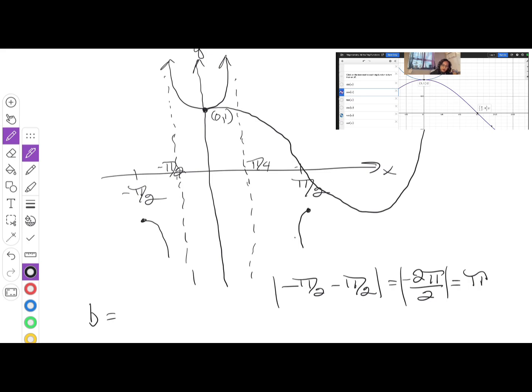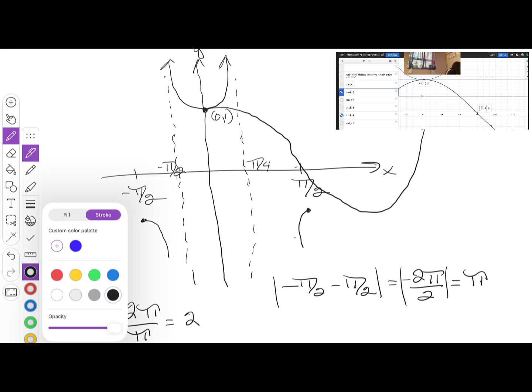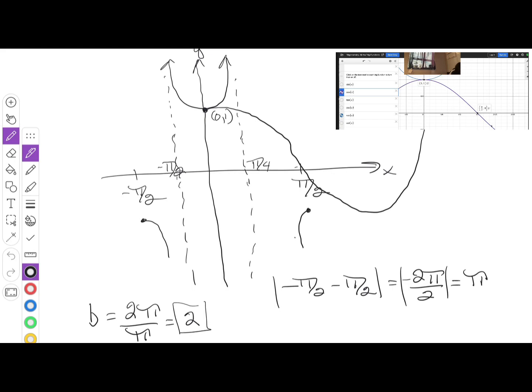Then we are going to say that the period is equal to 2 pi over B, so B is equal to 2 pi over pi, which is 2, which is where B comes from.